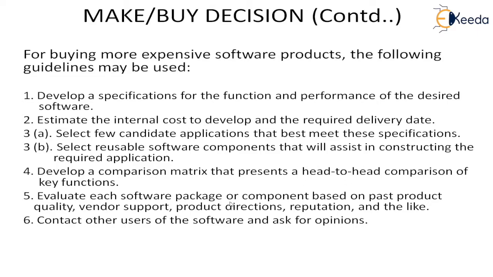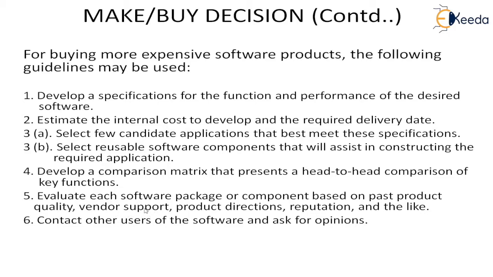Also, in this same matrix, you can add things like what is the product quality that you received when you last bought it, and what is the vendor support. And also for quality, there may be some information elsewhere, you can check that. What is the support that the vendor is providing?